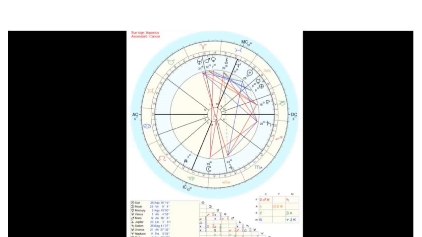Chiron up here is opposing the moon, and that's forming a T-square to Saturn. So opposite that, it would form a square, and that would be at between 20 and, well, really between 20 and 29 degrees of Gemini.